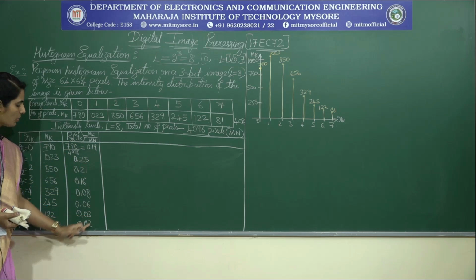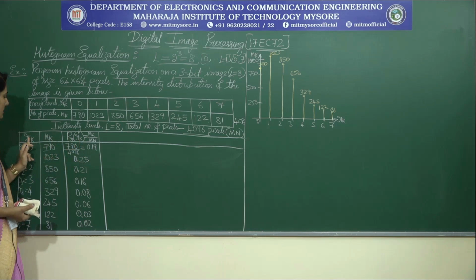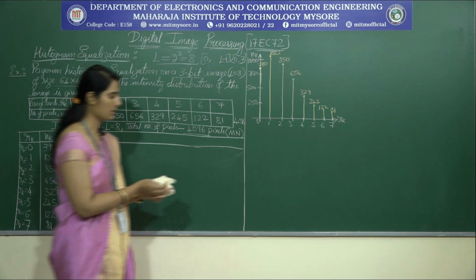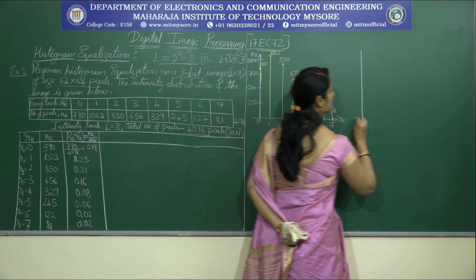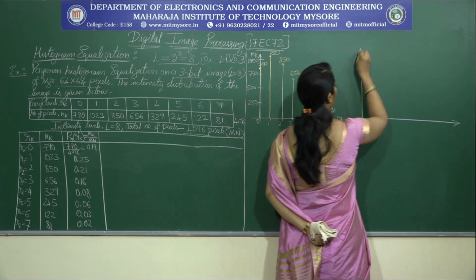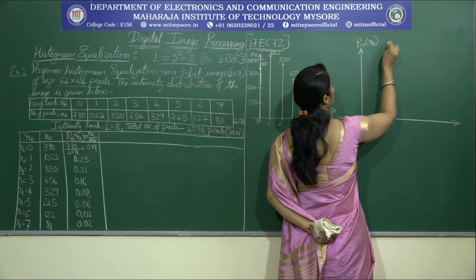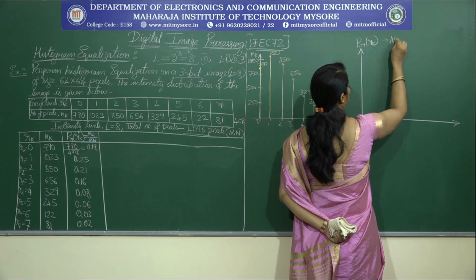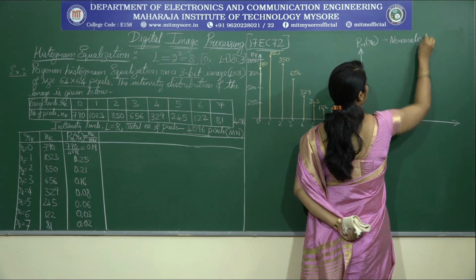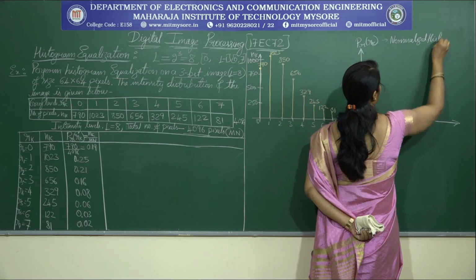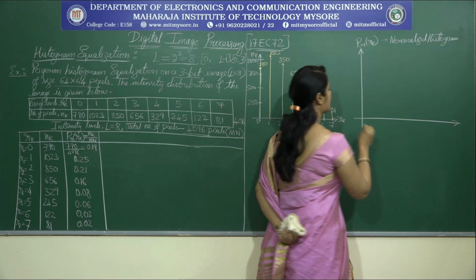So now let us plot this normalized histogram, that is the pr(rk) versus rk graph. pr(rk) represents the normalized histogram, or the probability density function.